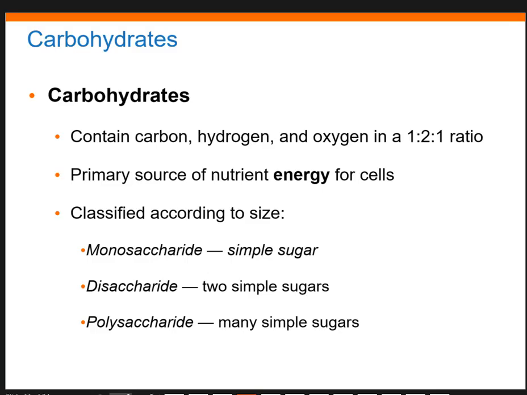All right, so the first organic compound that we're going to start with is the carbohydrate. Carbohydrates, again, include things like sugars and starches. Carbohydrates contain carbon, hydrogen, and oxygen in a 1:2:1 ratio.